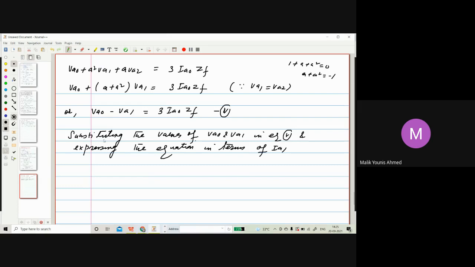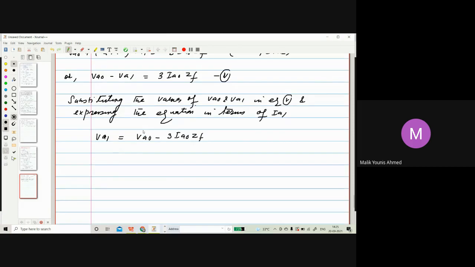Let's see how we can make it. So VA0 minus VA1 equals 3IA0 ZF, we can take VA1 to the other side, and it will be equal to VA0 minus 3IA0 ZF. So I have taken VA1 on this side, and brought the 3IA0 ZF to the other side.